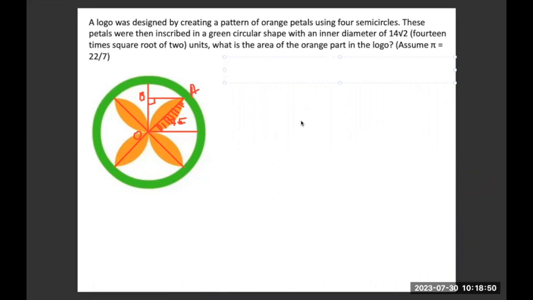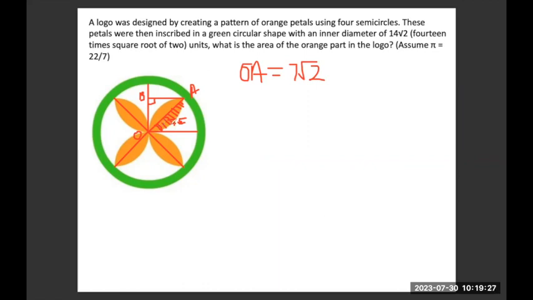Okay. So I know OA is 7√2. OA is equal to 7√2.